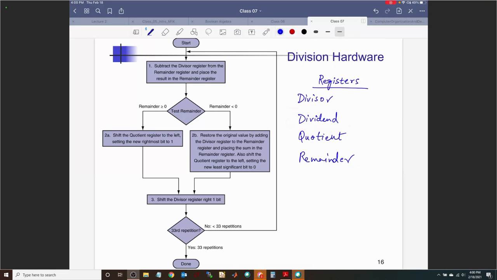So I can strike this off and say remainder register is initialized to the dividend.